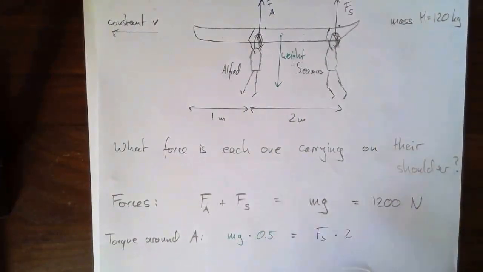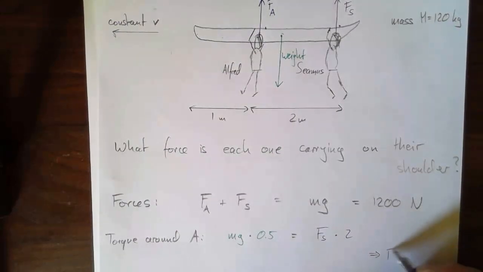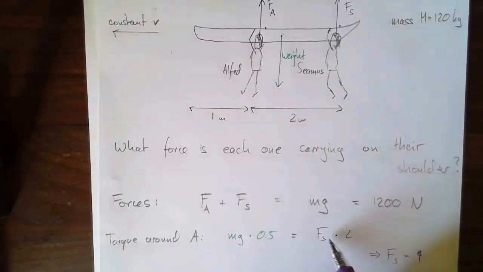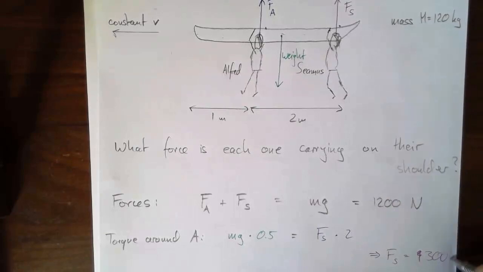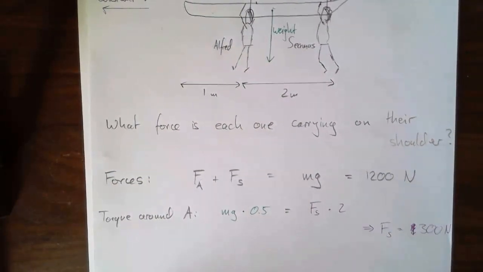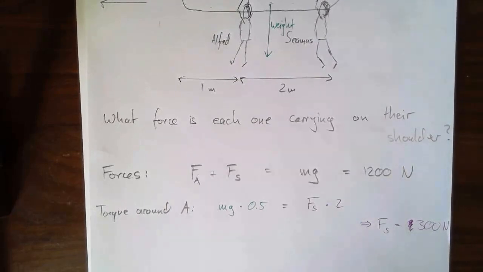Now, because we know mg, we can actually work this out right away. We'd find that Fs, Seamus, is carrying 0.5 times 1200, 600, times 2 is 600, 300 newtons. And then I can solve the full problem right away.